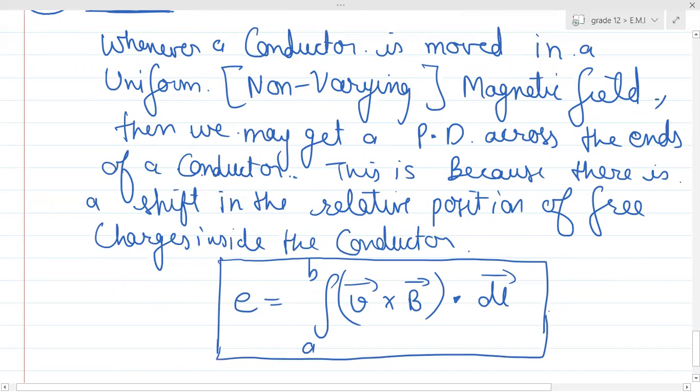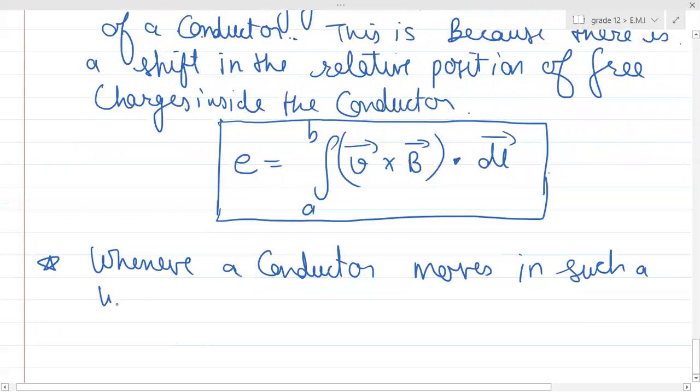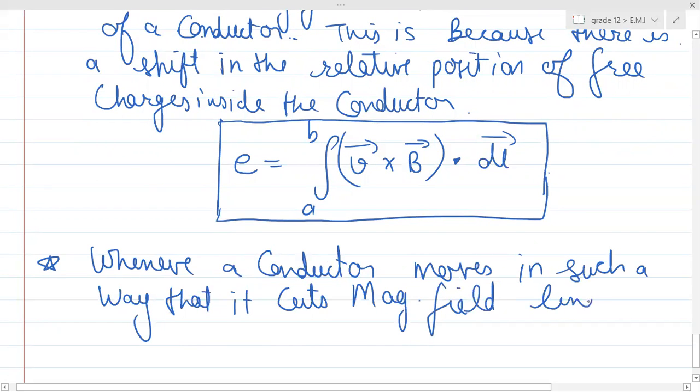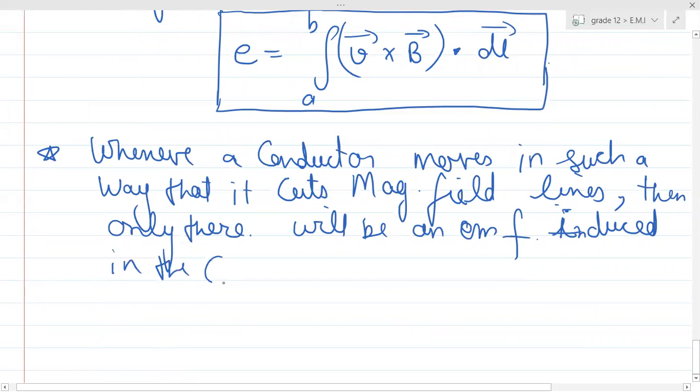So always remember, whenever a conductor moves in such a way that it cuts magnetic field lines, then only there will be an EMF induced in the conductor.